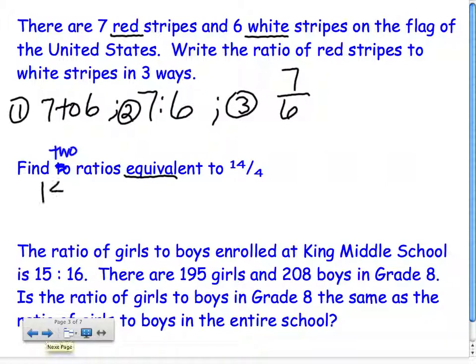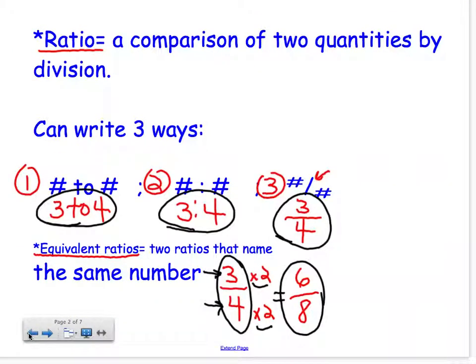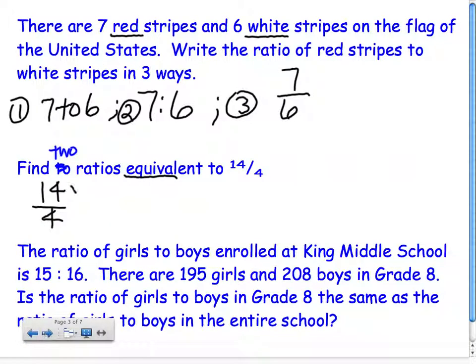So if we have 14 over 4, one way I can find an equivalent ratio, as I showed you on the previous slide, is making sure we do the same thing to the bottom of the fraction that we do to the top of the fraction. So I can take both of these times 2, and I end up with 14 times 2 is 28 over 4 times 2 is 8. That is one equivalent ratio.